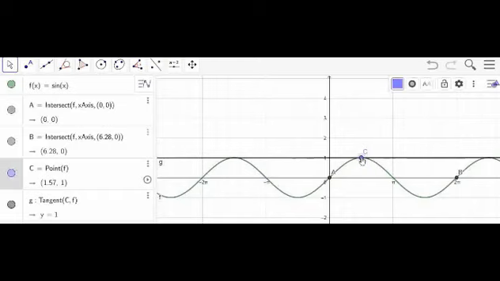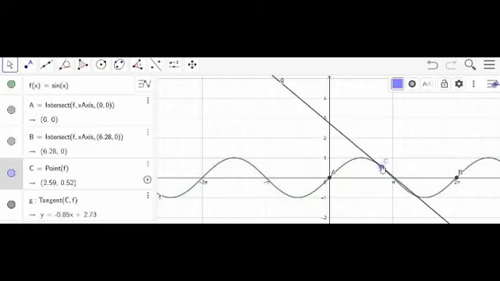That is, the value of the derivative of this function is 0 at this point C. This is pi by 2, nearly 1.57. And there is no other point in the interval 0 to pi where the tangent is parallel to the x-axis.